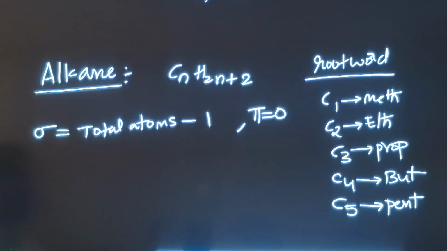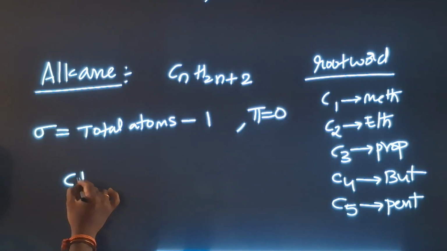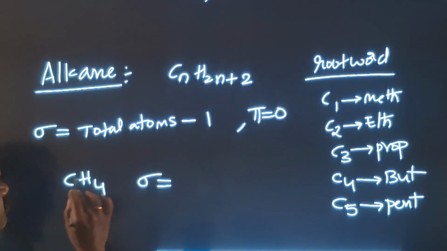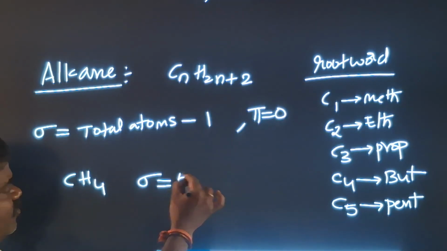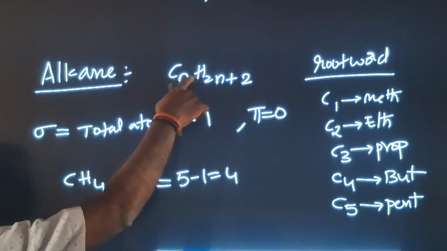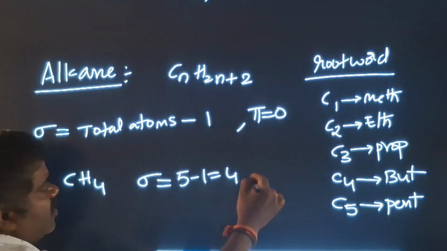For example, take CH4. It is known as methane because it has one carbon. Count the total atoms: 5. 5 minus 1 gives 4 sigma bonds present in methane. It satisfies the alkane formula, so pi bonds are 0.